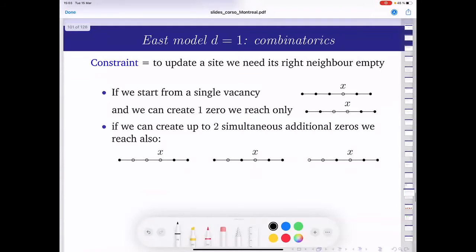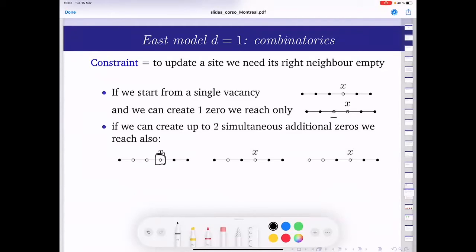If instead I give you more money in your pocket, I say that you can spend up to 2 simultaneous zeros, then here is your initial 0 that I give you for free. Then you have 2 coins, 2 zeros in your pocket that you can use. You can reach for sure the same configuration as before, the one that had just one 0.